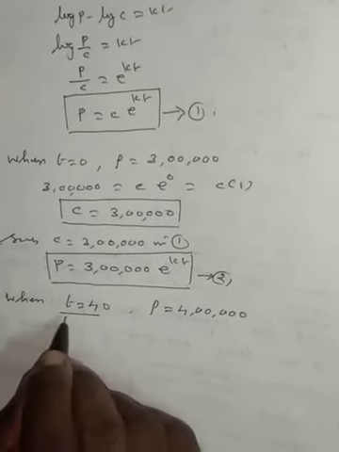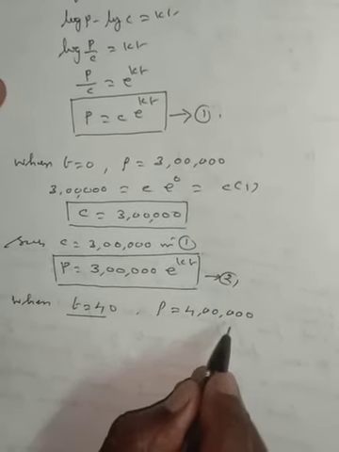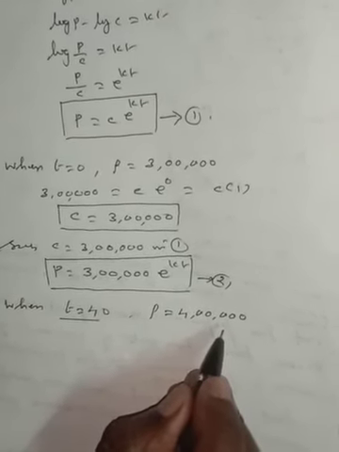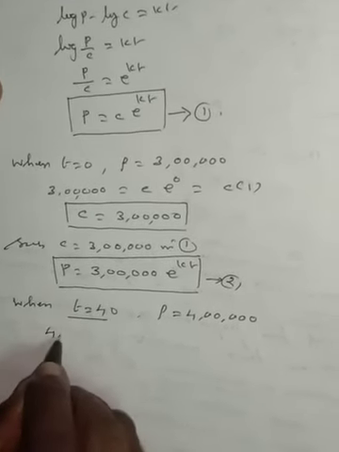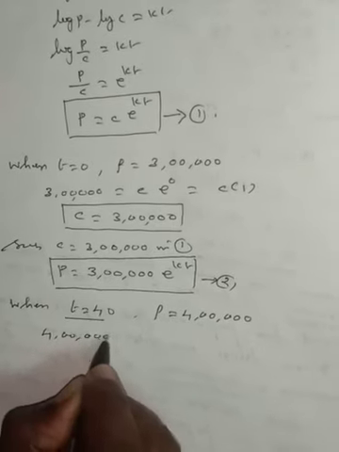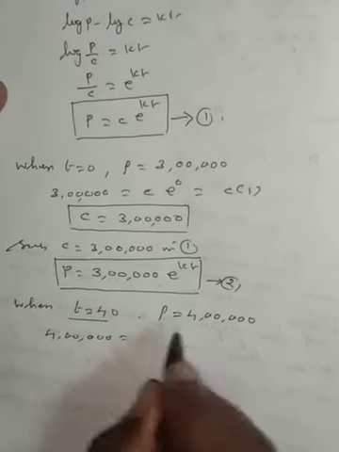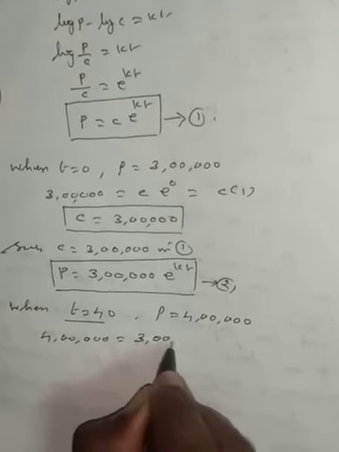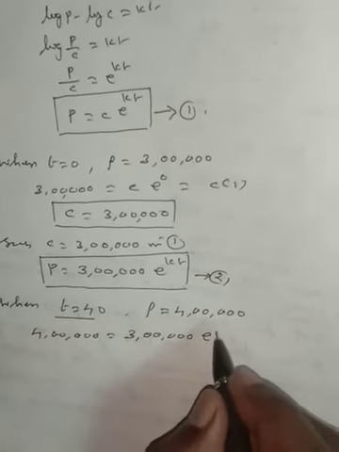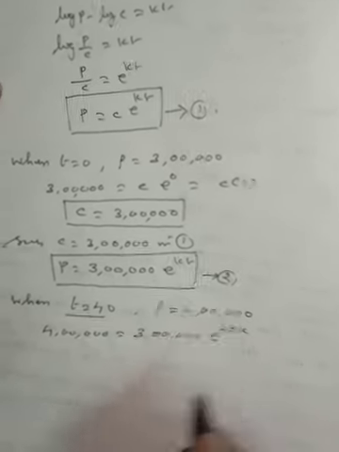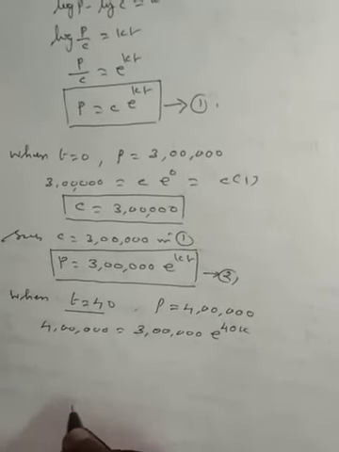Substitute t is equal to 40, P is equal to 4 lakhs in equation number 2. We have 4 lakhs is equal to 3 lakhs into e to the power of 40k.